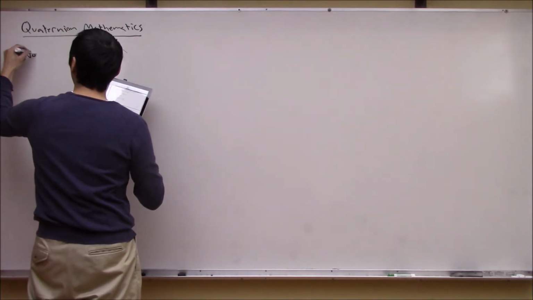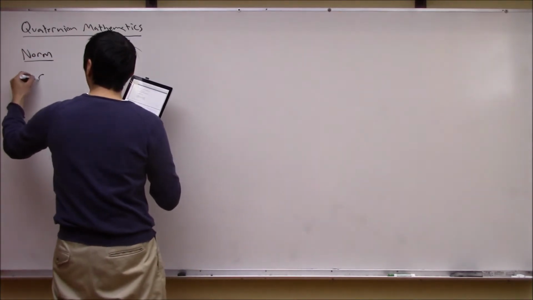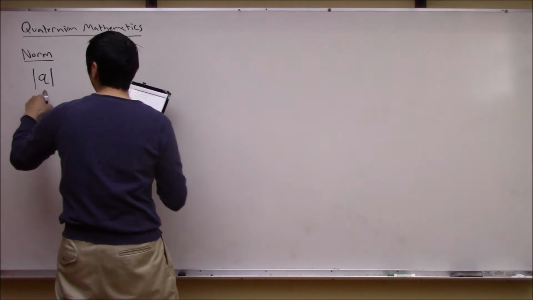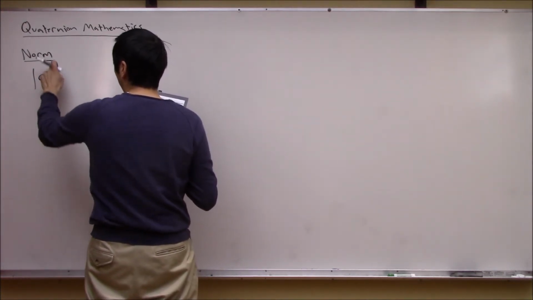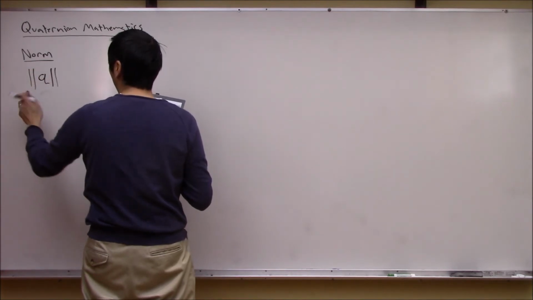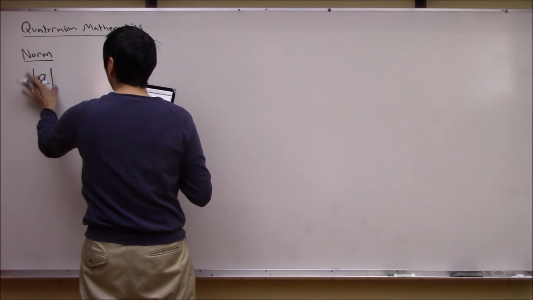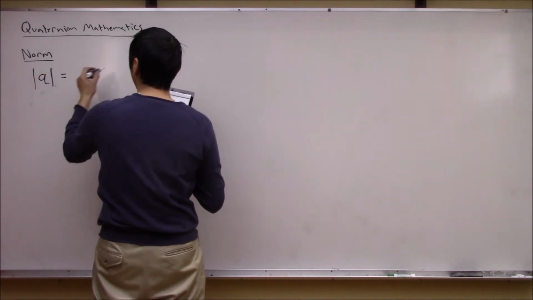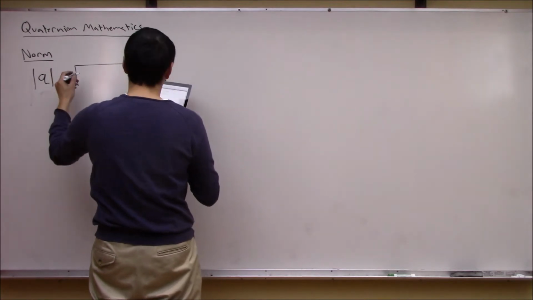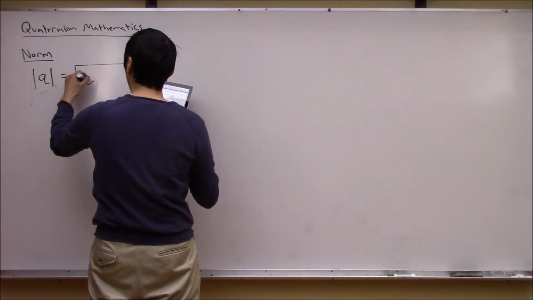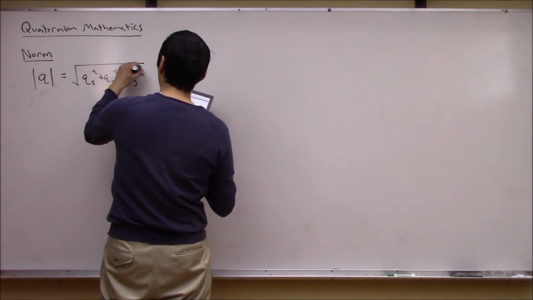Maybe the easiest thing to start with is let's talk about taking a norm of a quaternion. And as you can probably expect, we said that a quaternion is kind of just a 4-element vector. So its norm, you can use either one bracket or two brackets, however you want to think about it. Maybe let's just draw it with one. Basically, this is the norm of a quaternion, and it's pretty much your standard definition of what you would expect from a vector. It's just the square root of the sum of the squares, right? So I have qs squared plus qx squared plus qy squared plus qz squared.